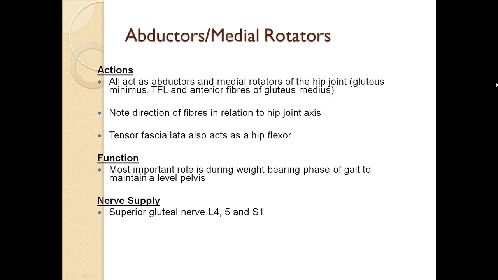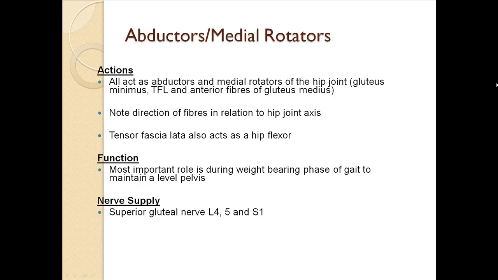Inadequacy of these muscles will lead to a gait pattern known as a Trendelenburg gait. A Trendelenburg gait can be observed in individuals that may have arthritic hips and consequently don't use these muscles effectively, or may have had hip surgery which has involved an incision through these muscles, so therefore these muscles become inhibited, and as they weight bear on one limb, the opposite side of the pelvis is seen to drop down.